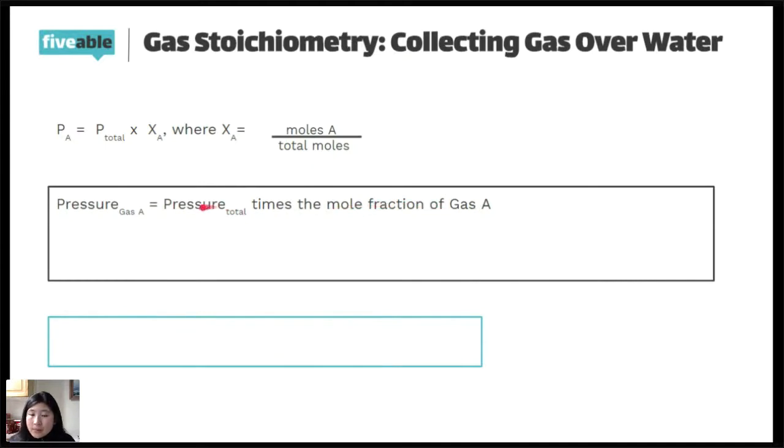And that is because, let's say we have 10 moles of gases in this container. Let's pretend I'm going to take my water bottle, actually. So let's pretend there's 10 moles of gases in my water bottle. Then let's say there are two different gases: hydrogen gas and oxygen gas in my water bottle.